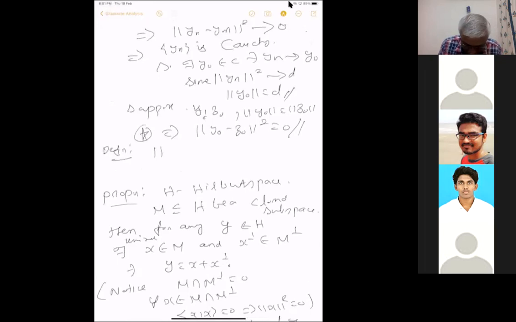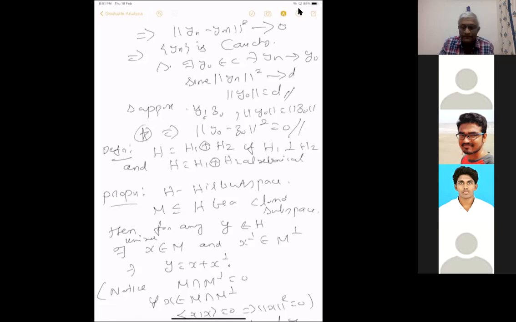H equals H1 direct sum H2 in Hilbert space language if H1 is orthogonal to H2, and H equals H1 direct sum H2 algebraically.